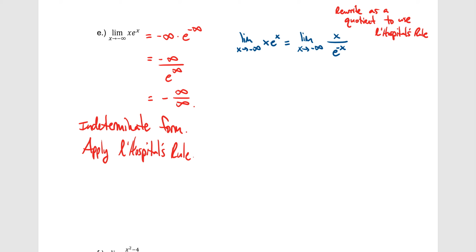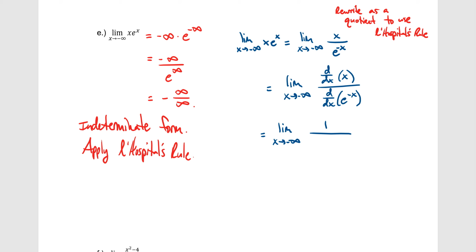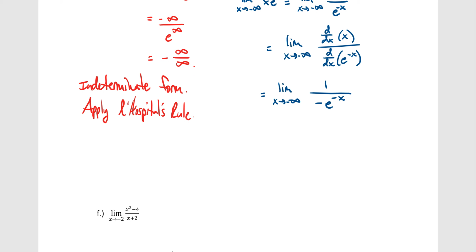So derivative of the numerator, derivative of the denominator, and the derivative of the numerator is the derivative of x, which is 1. Derivative of e to the negative x is chain rule. We get negative e to the negative x. And before we do anything here, let's rewrite this. I'm going to bring the negative out front.